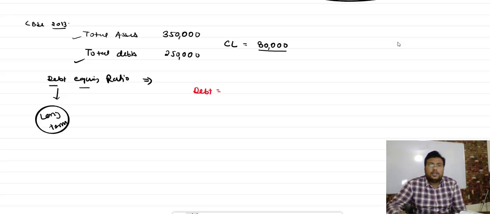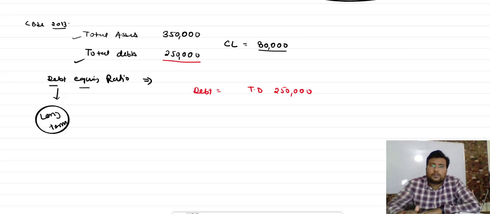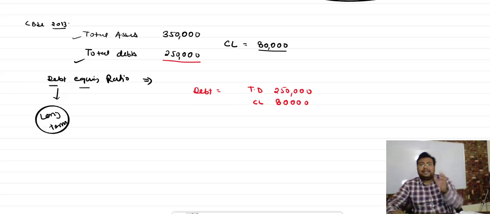Total debt is 2,50,000 and current liability is 80,000.